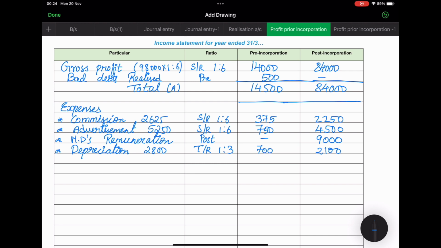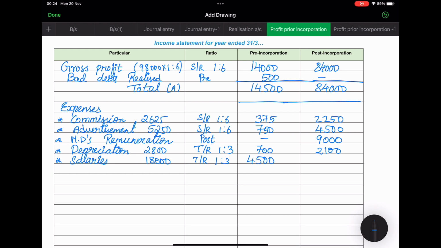Next, salaries. Exactly, salary is also related to time ratio 1:3. So total salary is 18,000. So 18,000 into 1 by 4, 4,500.